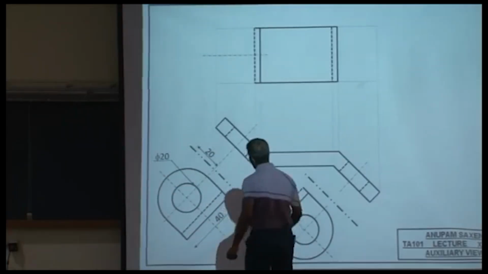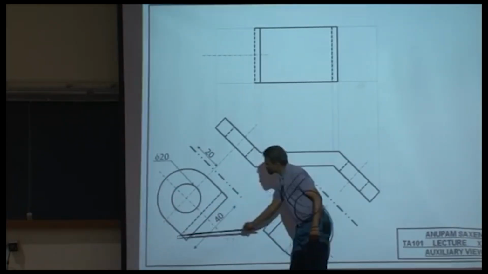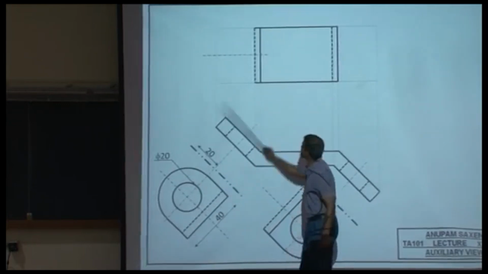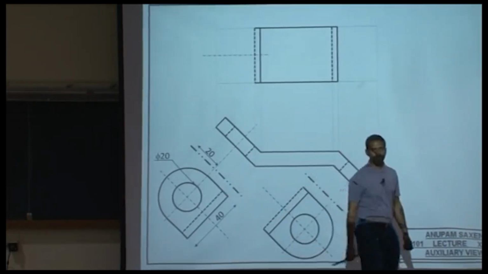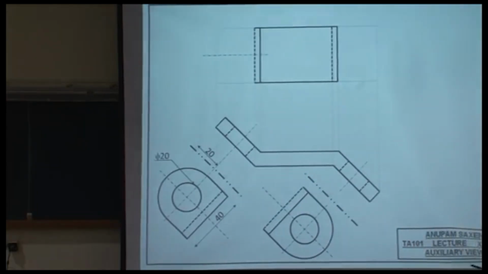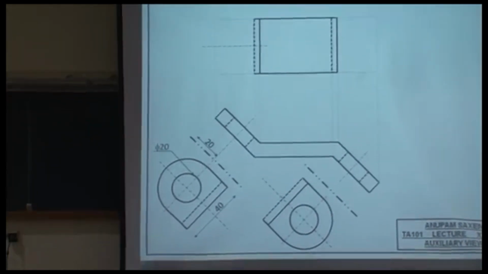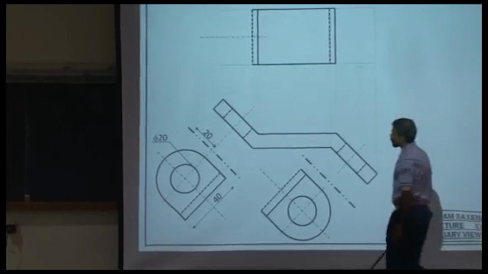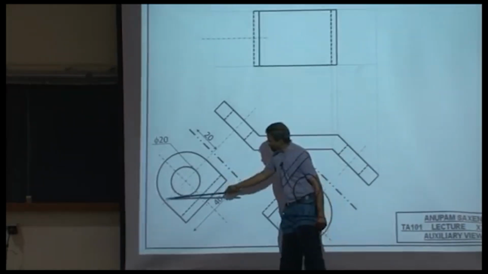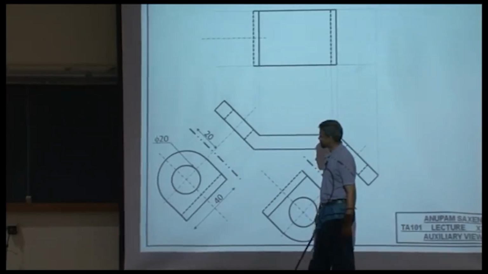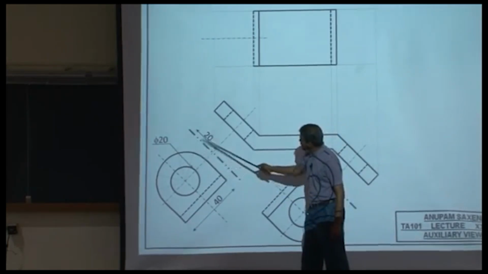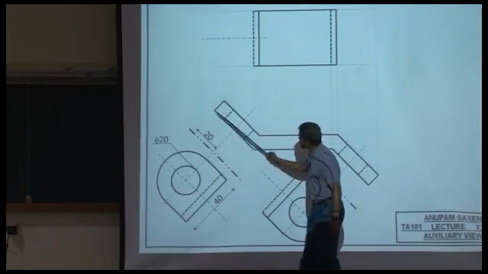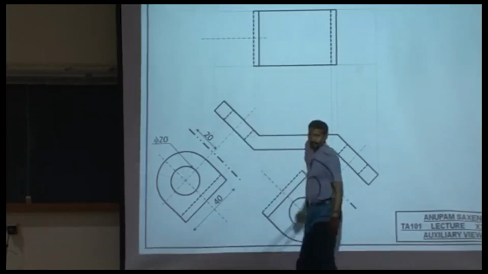Now the question is, how do we transfer the features over here onto this part of the drawing in top view? Step 1, break this arc into a number of segments. Then look at these projections, transfer these projections over here, and from here up to the top view.